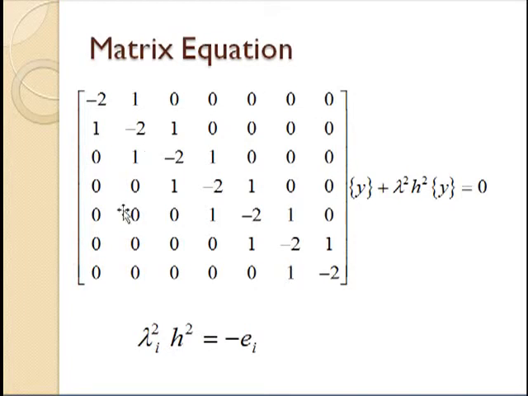So the eigenvalues of this matrix are defined by this equation as long as we call those eigenvalues e and let them be minus lambda squared h squared. If I find the eigenvalues of the matrix, and there's 7 of them in this case, then I'll get 7 values for e_i. For each of those, I can solve this equation and get 7 values for lambda, and those should represent some approximation to the eigenvalues of the differential equation.